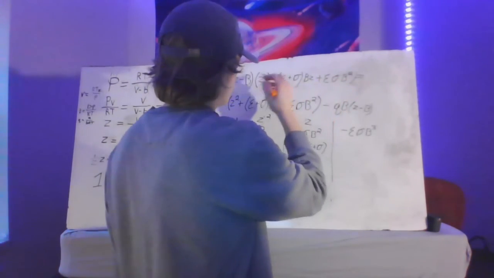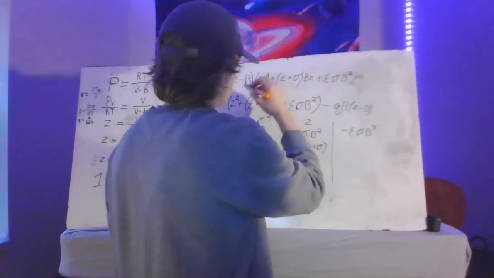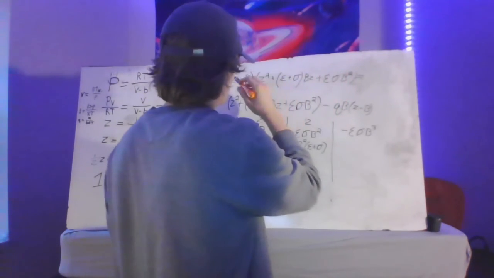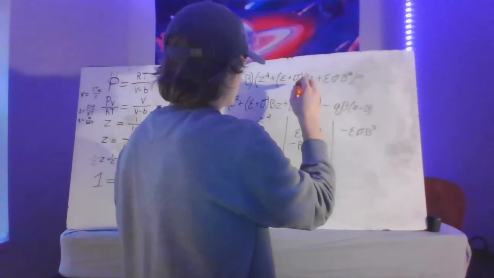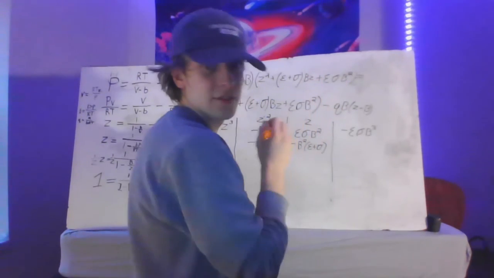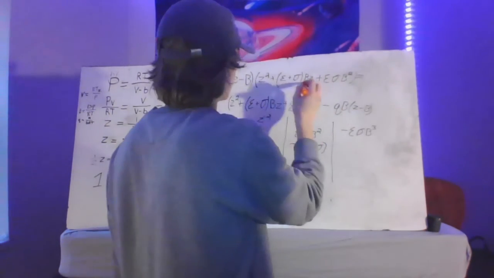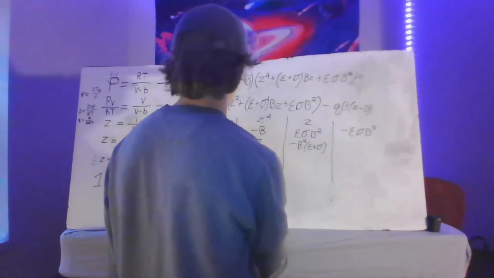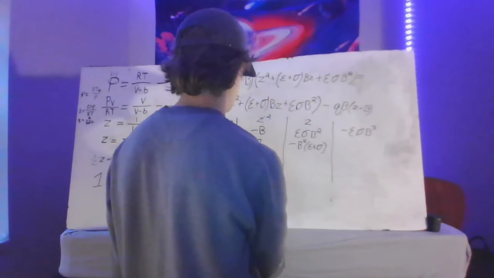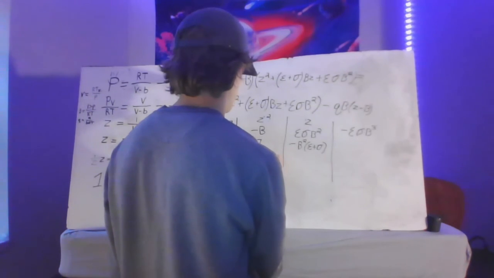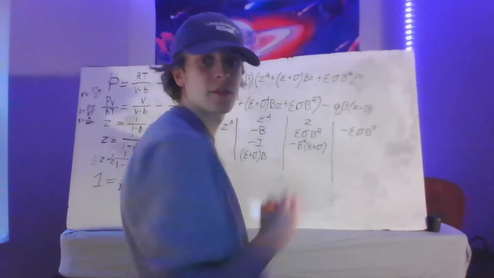And then we'll get another Z squared from this value of epsilon plus sigma beta Z squared.